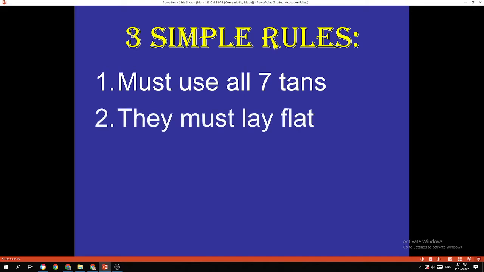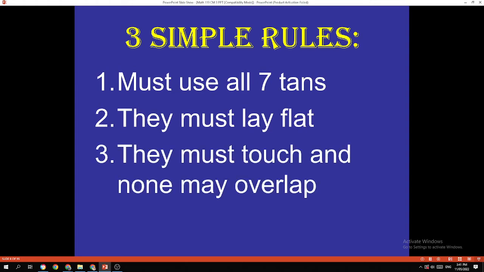They must lay flat. And lastly, they must touch and not overlap. So we must remember that whenever you use tangrams, all 7 shapes or tans should be used. They lay flat, and they do not overlap.